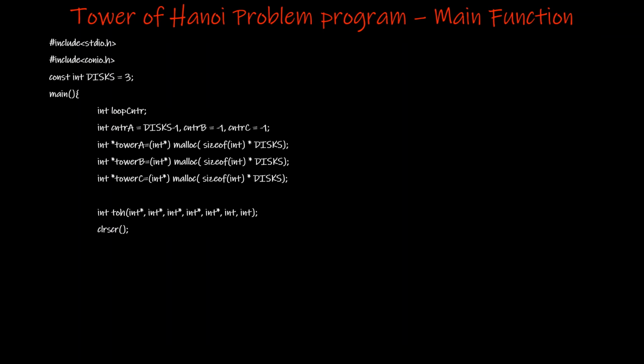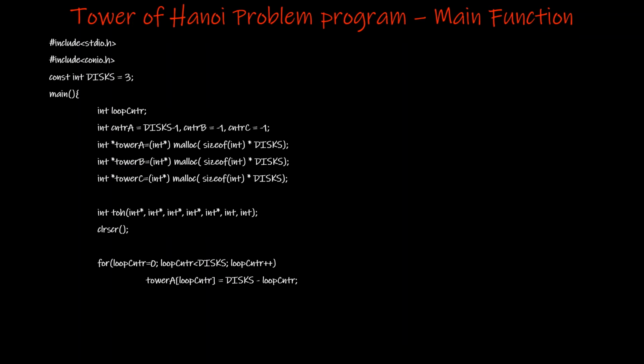Then a loop which will go across the arrays and assign values to arrays. First to tower A, it will assign value 3 to index position 0, 2 to index position 1, and 1 to index position 2.